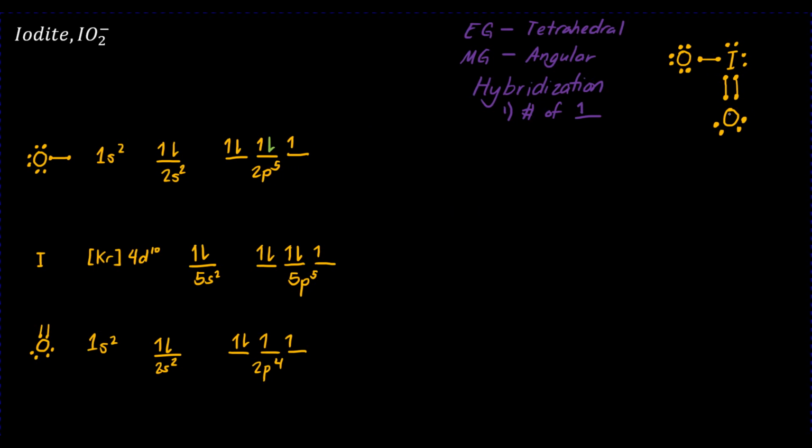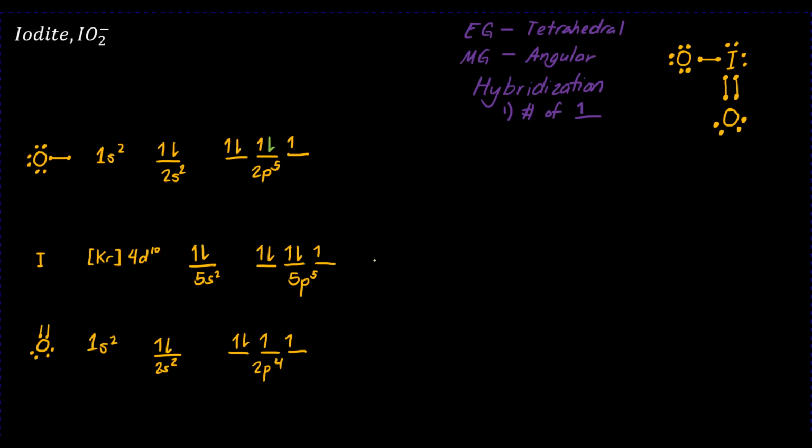For oxygen number 2, it needs only one half-filled orbital because it will bond to just one atom. But for iodine, it needs to prepare two half-filled orbitals because it is bonded to two oxygens. The problem here, as you can see, is that iodine only has one half-filled orbital.